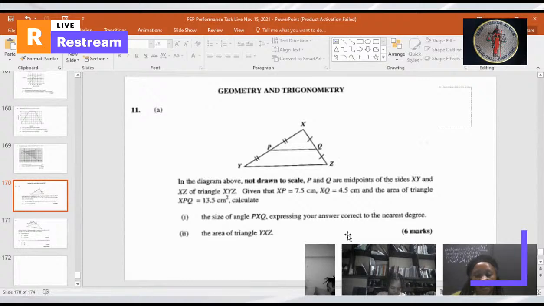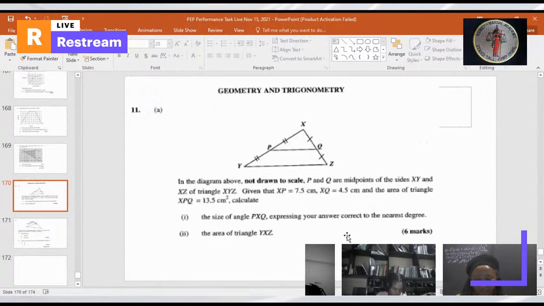We square the 2 and we get 4. So the area of the big one is 4 times the area of the small one. So we could have just worked out the 13.5 times 4, and that would have given us the 54 centimeters squared. So that's another way we could have worked it.